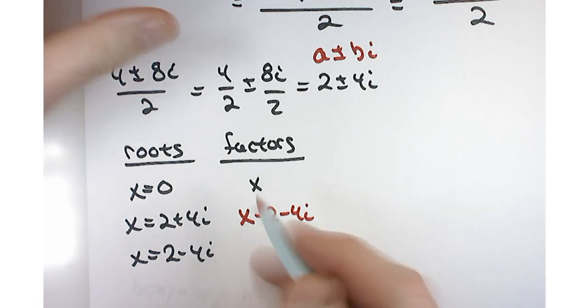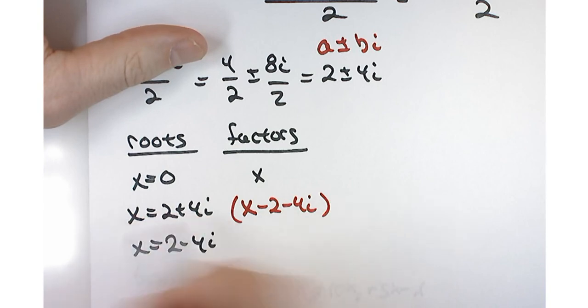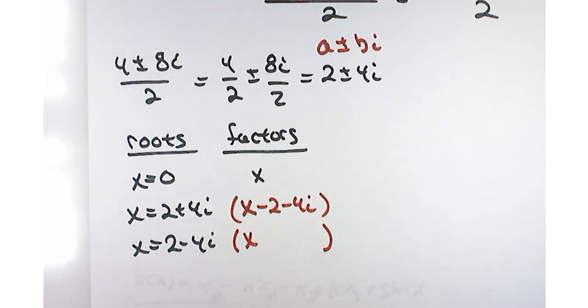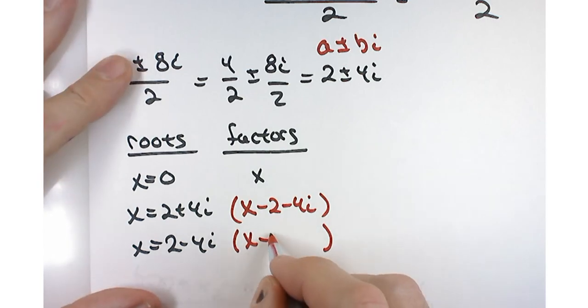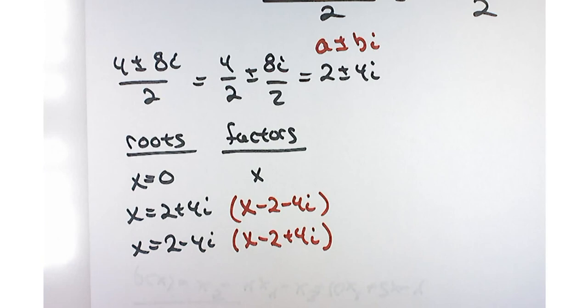So the way to get these factors is you move these terms to the other side. So when they change sides, they change signs. Try it again with this one. Minus 2 plus 4. Thank you. Minus 2 and plus 4i.